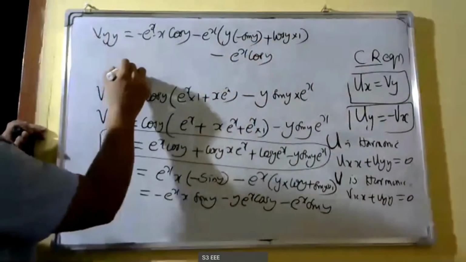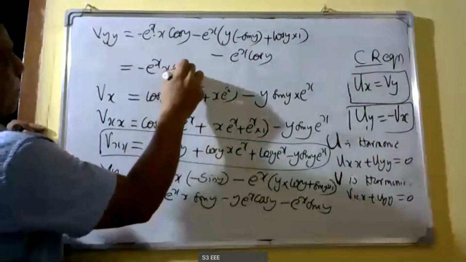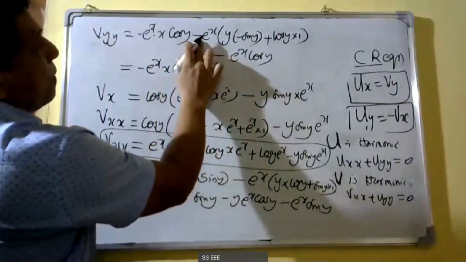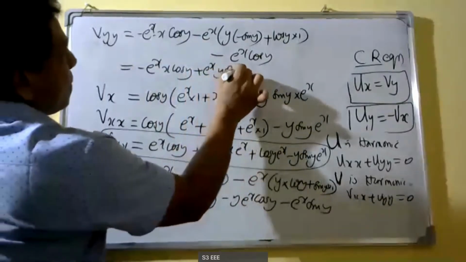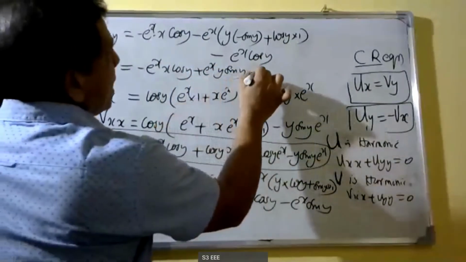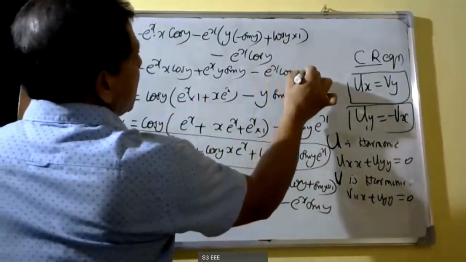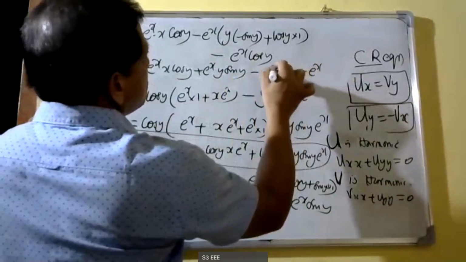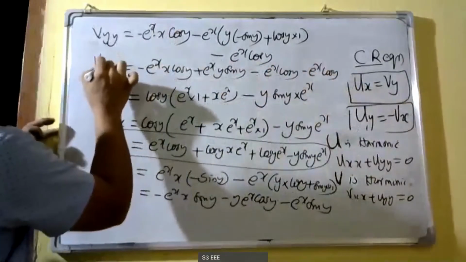That is, removing the bracket, we get minus e raised to x into x cos y, then plus e raised to x into y sin y, minus e raised to x into cos y, minus e raised to x into cos y. This is known as Vyy.